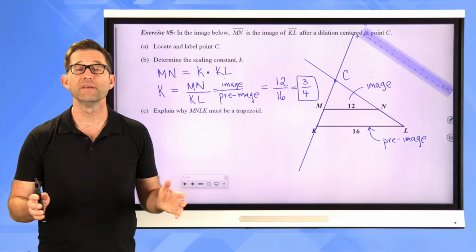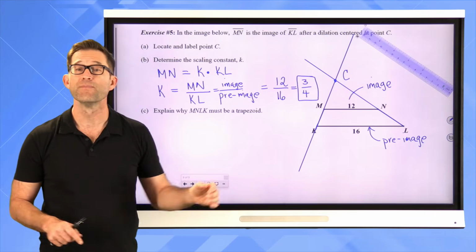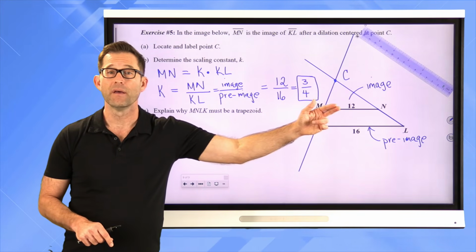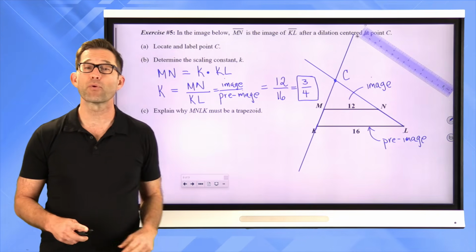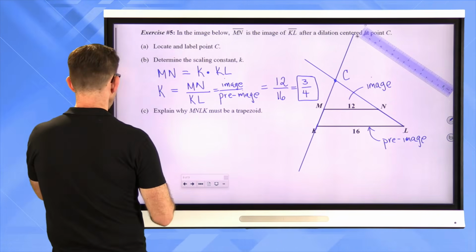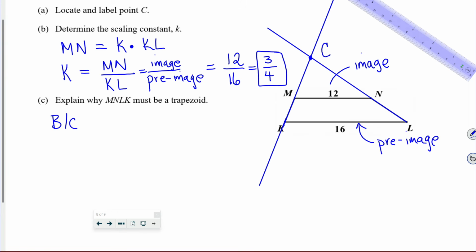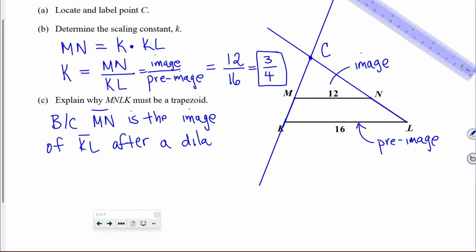Well, that's the other piece of our fundamental theorem of dilations, which is that the image segment must be parallel to the pre-image segment. So because MN is the image of KL after a dilation, what we know is that MN is parallel to KL.